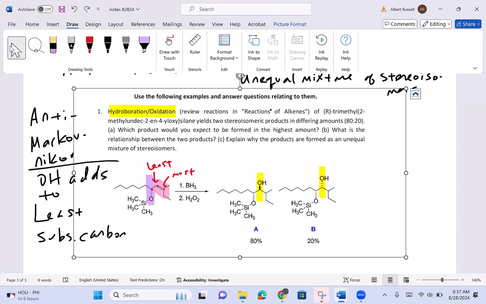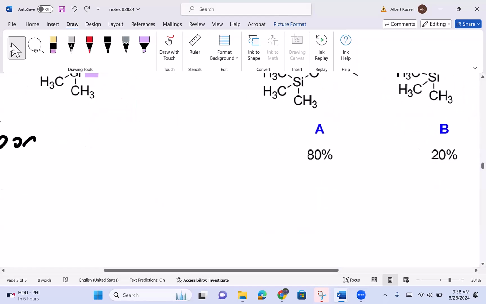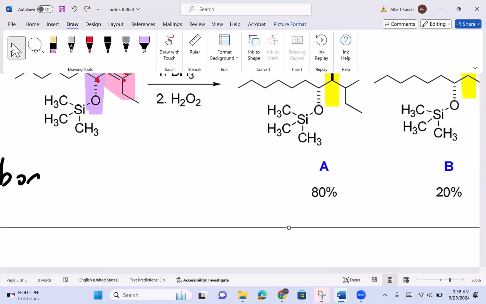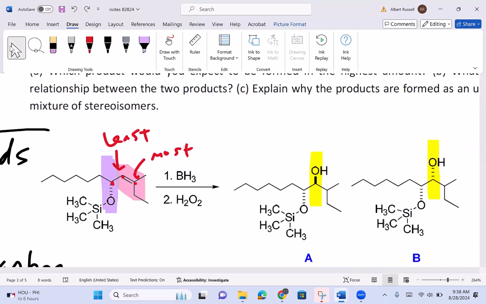Is the alkene, is that molecule chiral? Does it have a chiral center in it? This is my starting material, my alkene that I have highlighted. Is that carbon where that oxygen is a chiral center?